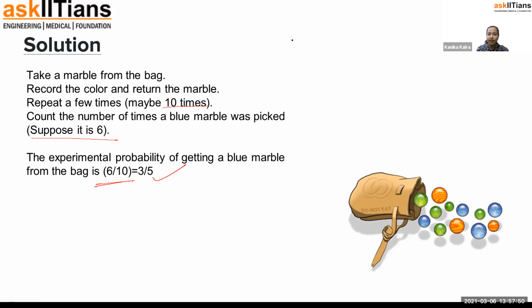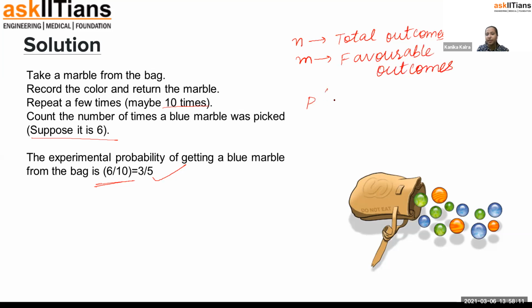Now one more thing, as we discussed, probability lies between 0 and 1. Let's take n as the total outcomes, m as favorable outcomes. The probability of event E would be equal to m over n.